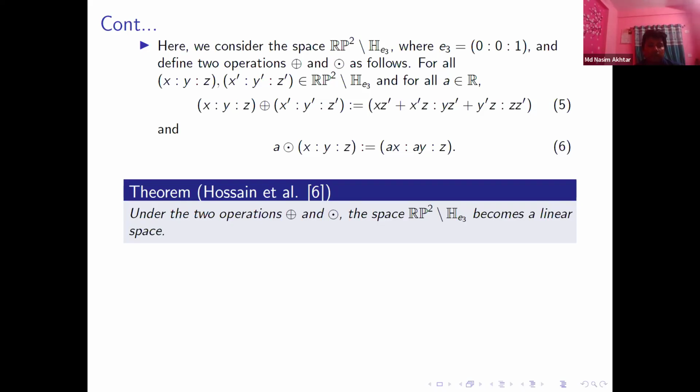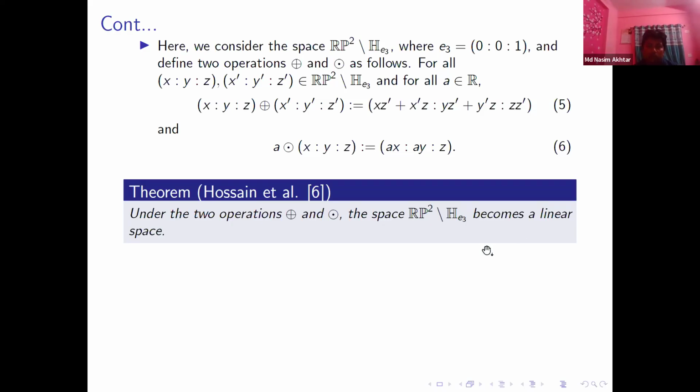So this was the first result, that under these two operations plus and dot, the space RP2 minus HE3 now becomes a linear space, because RP2 itself is not a linear space.